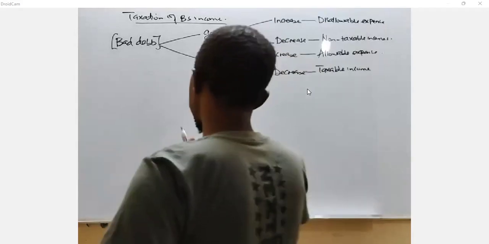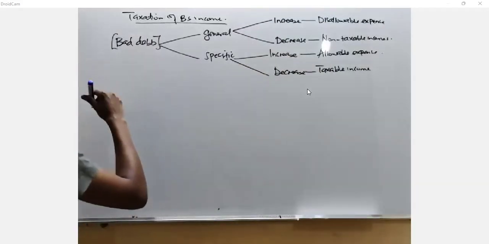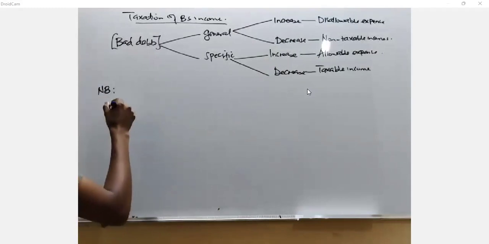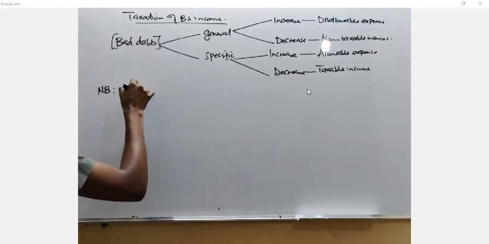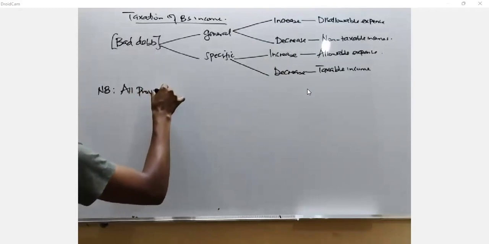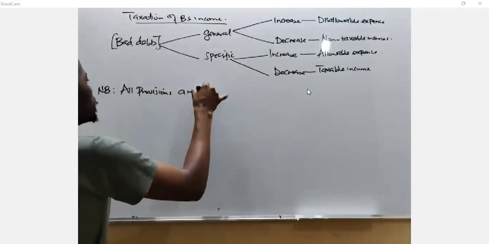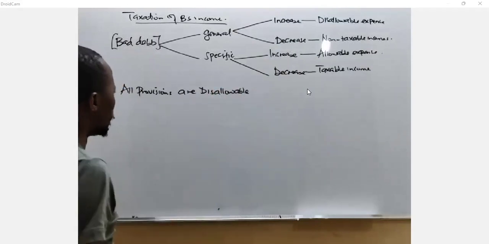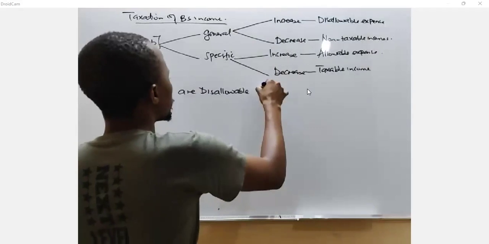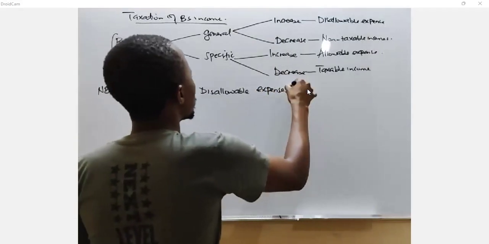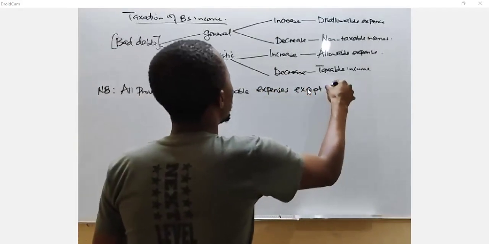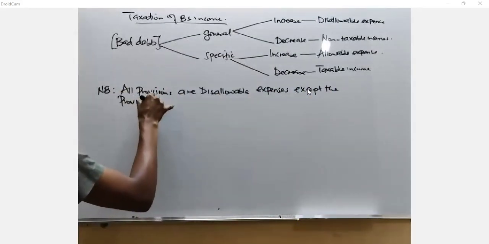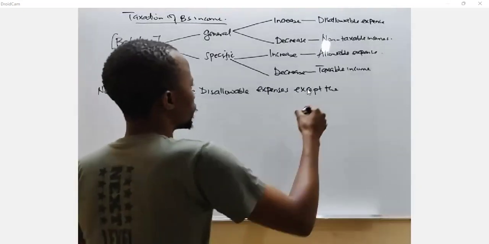Because when we discuss the bad debt, we are also going to be discussing the provisions. Let me put an NB here for better understanding. We say all the provisions are disallowable expenses, except the specific provision.